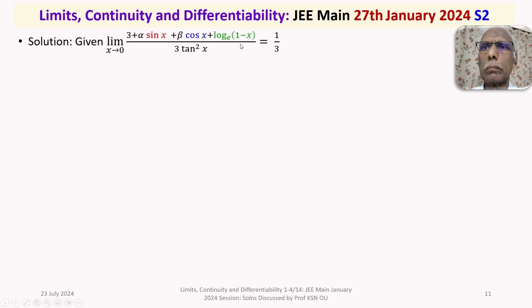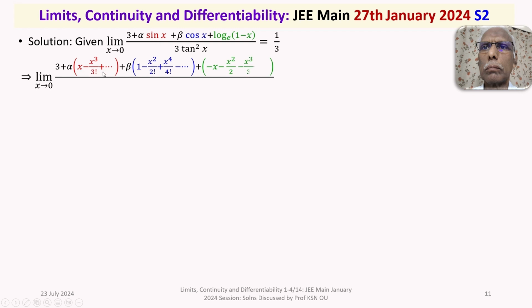Now we write down the Maclaurin's expansions of sin x, cos x, and log of 1 minus x to the base e, and we multiply and divide by x square and separate the terms. So limit x tends to 0, 3 plus alpha into the sin x expansion, x minus x cube by factorial 3 plus so on and so forth.